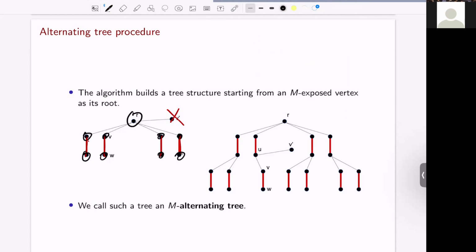Now you look at their neighbors, and you enumerate all of them. The enumeration has to be done with black edges, because each vertex can be part of at most one red edge. So the edges at the bottom have to be black. Now if you also find some V prime that's exposed, then you found an augmenting path like this.